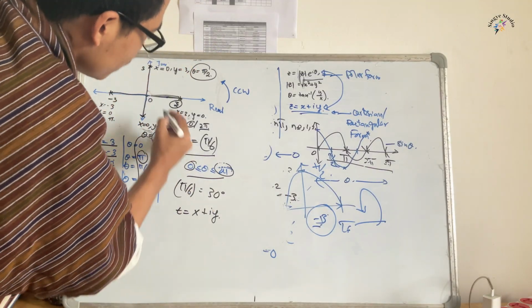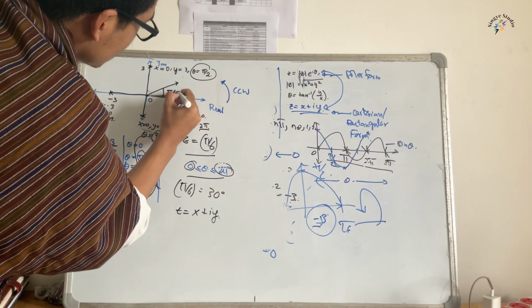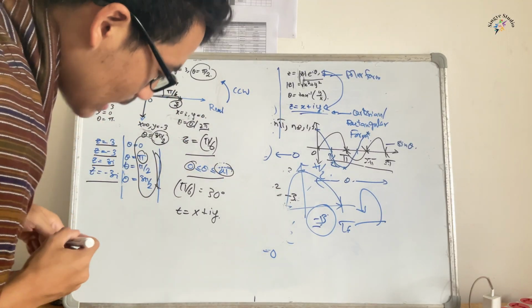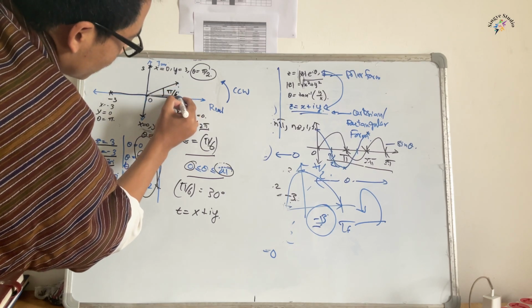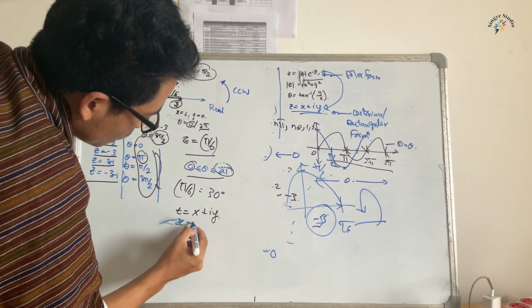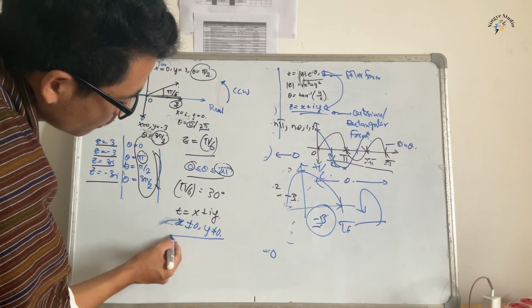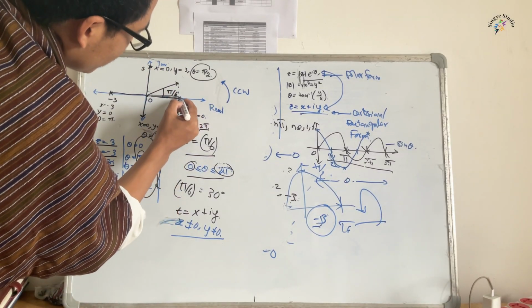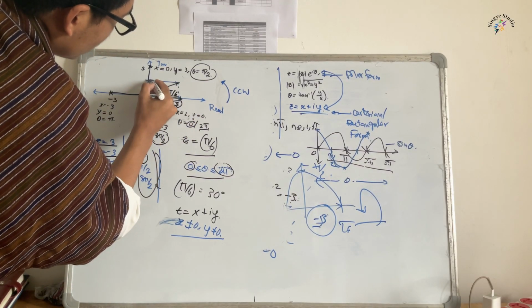For example, if you want to rotate this number by the angle pi by 6, then at this point, if you see very carefully, my x is not equal to 0 and y is not equal to 0, but it has both terms. You see this carefully, this is your x and this is your y.